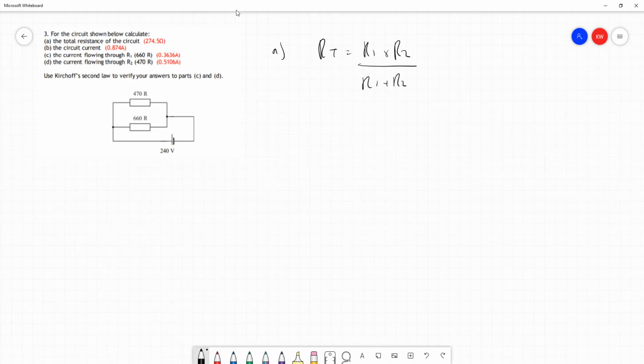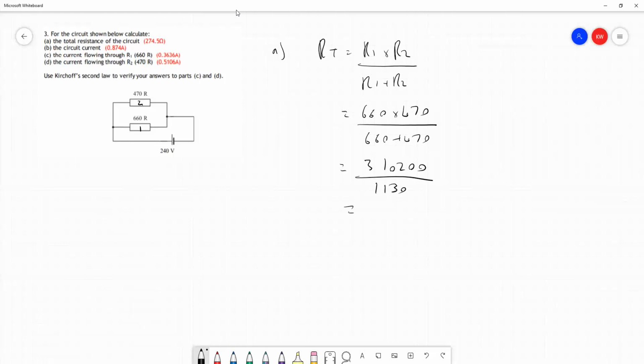This question does tell us which one's which, so this is 1 and this is 2 here. So I'm going to put these in that order. 660 times 470 divided by 660 plus 470, and that's equal to 310200 on top and 1130 on the bottom.